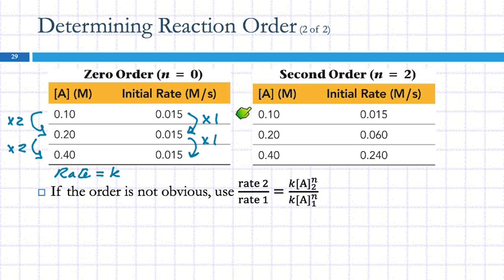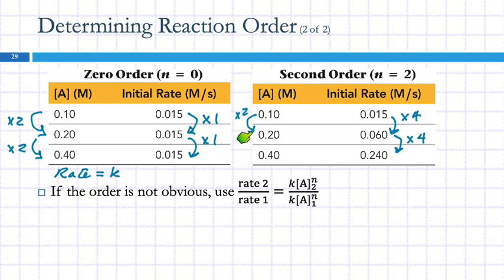Second order, doubling the concentration. What happens to the rate? Like, I can't do that in my head. What's 60 divided by 15? 4. It's 4. So this is times 4. And then going from 60 to 240 is also times 4.